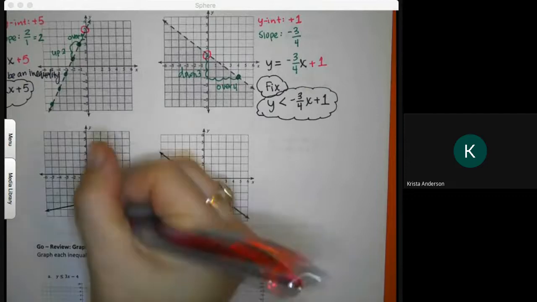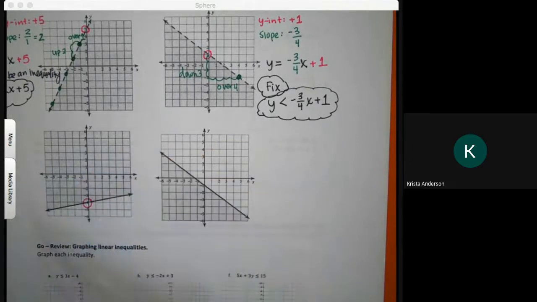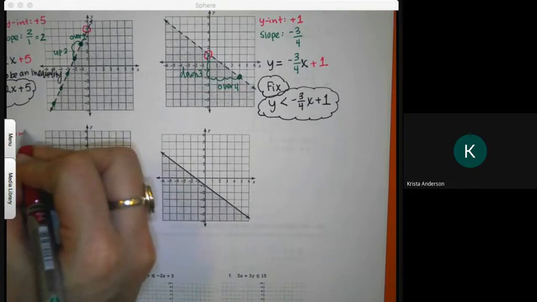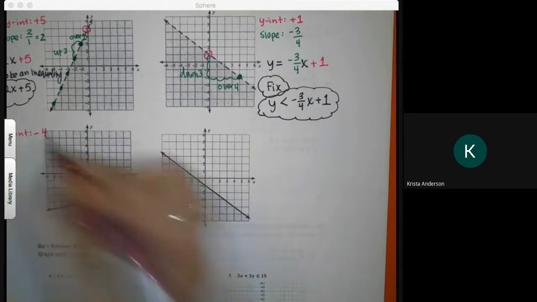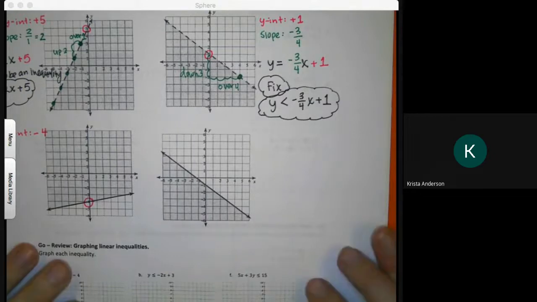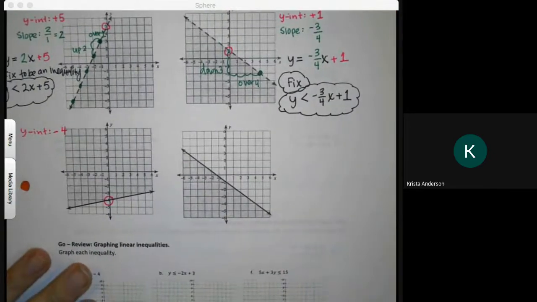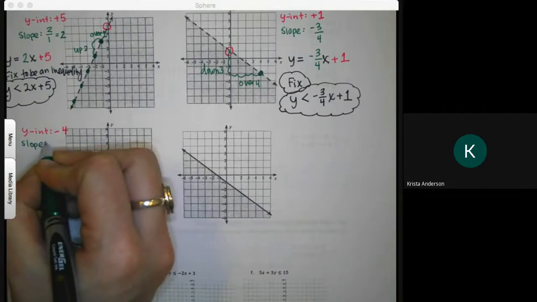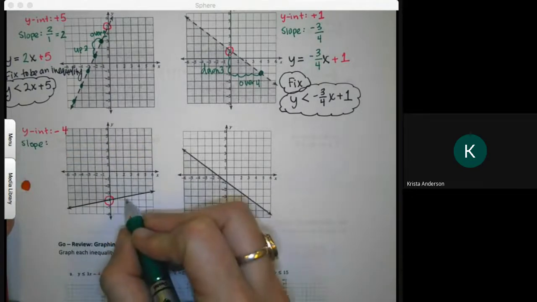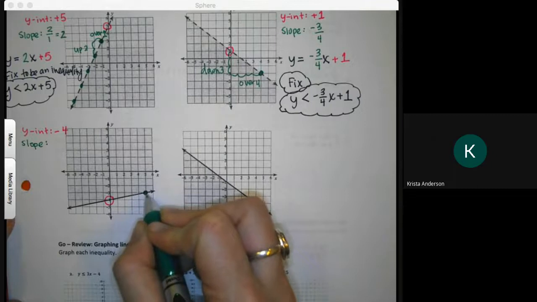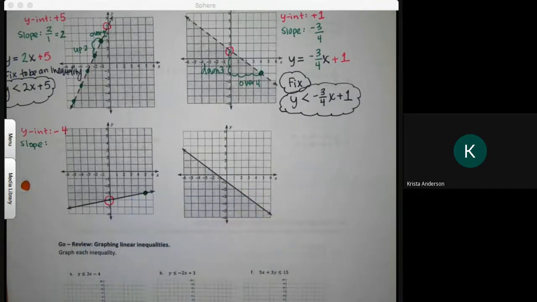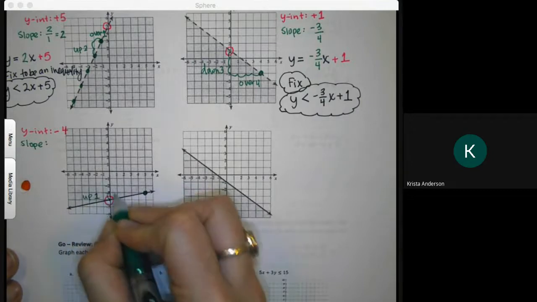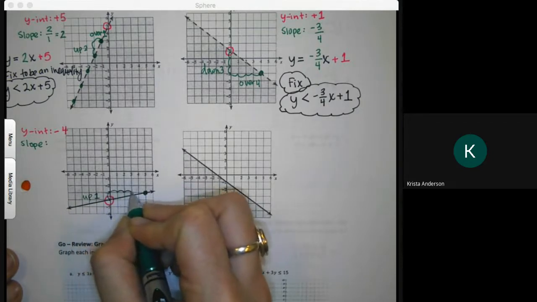Bottom left graph, my y-intercept is at negative 4. My slope, as I look through, it hits right there. That means it goes up 1 over 1, 2, 3, 4, 5.